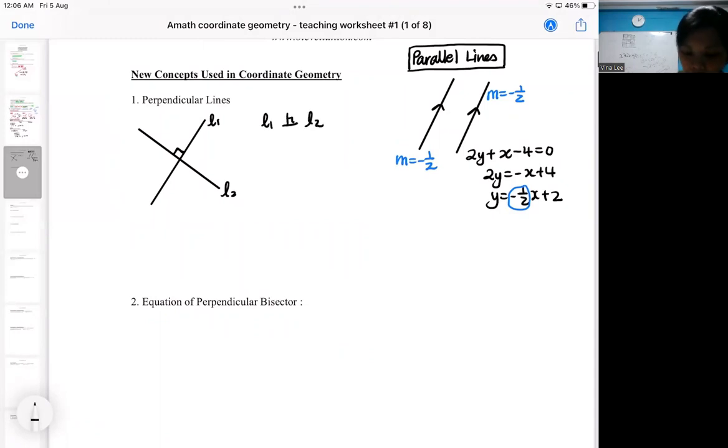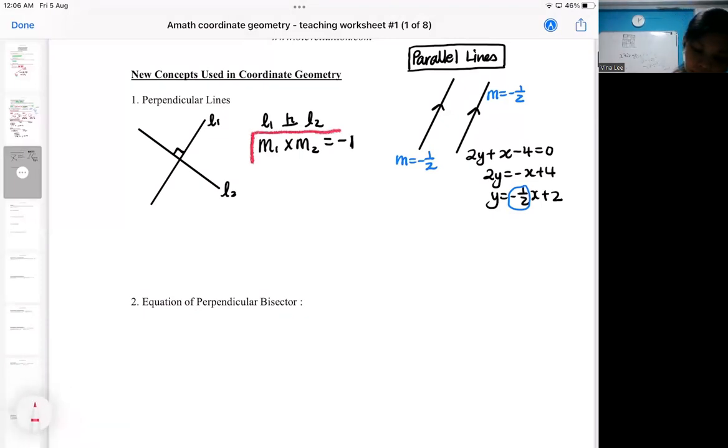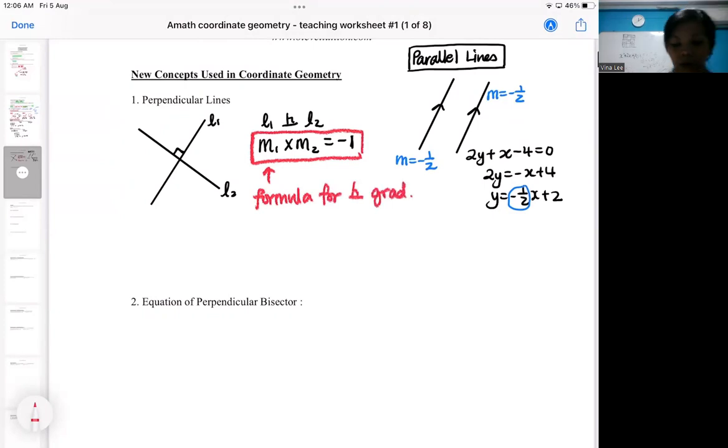It means that the gradients will multiply to get -1. This is called the formula for perpendicular gradient.